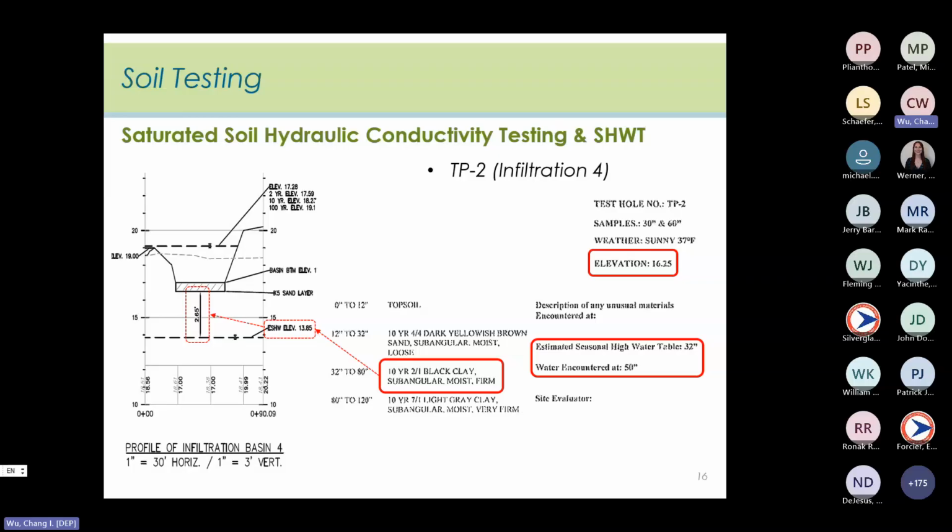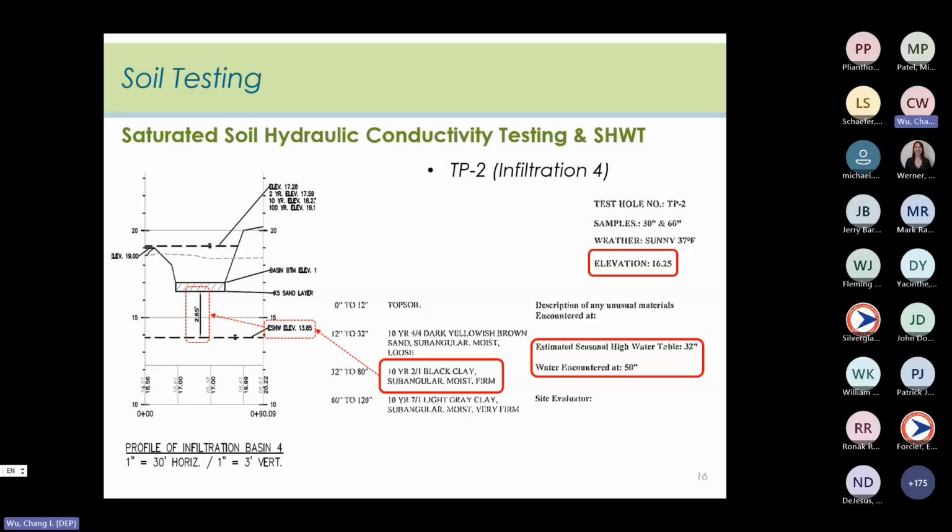For example, test pit number 2 for infiltration basin 4 shows a redoximorphic feature at 32 inches below the ground level, and a water table was encountered at 50 inches below the ground level. Since the seasonal water table is higher than the observed water table, 32 inches is recognized as the depth of the seasonal water table.